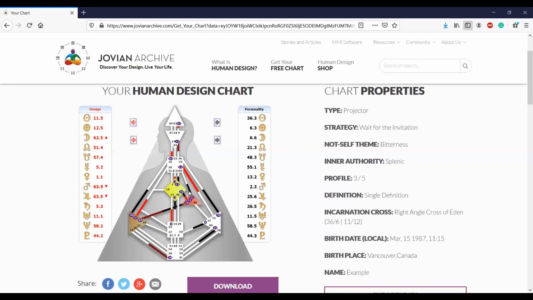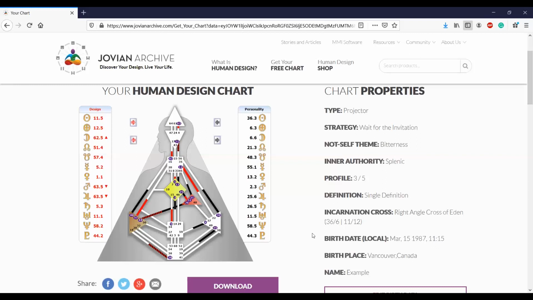But if there were, for example, these gates, and then let's say we would have 2 more gates in color here in the head section, and for example the throat would be white, we would have split definition, which means these 2 groups of centers wouldn't be connected. Okay, so let's leave this for now.